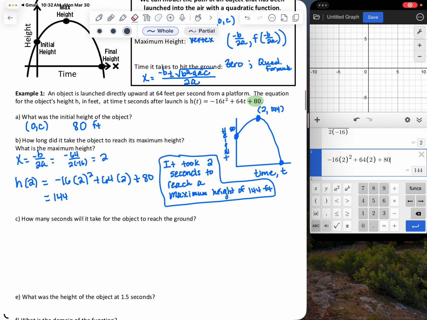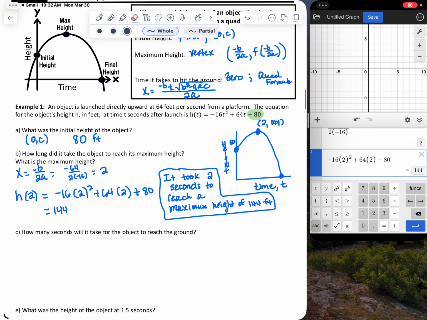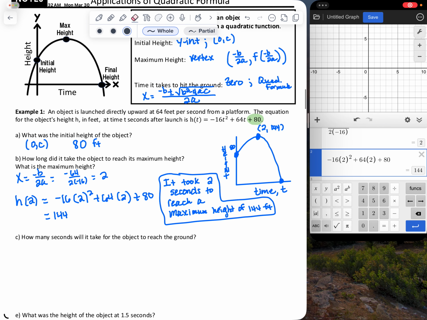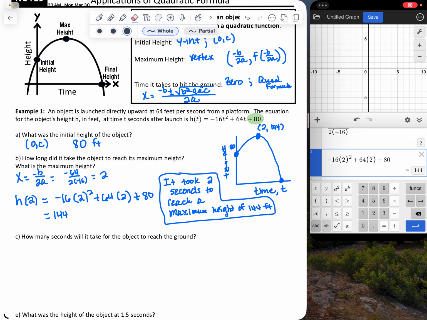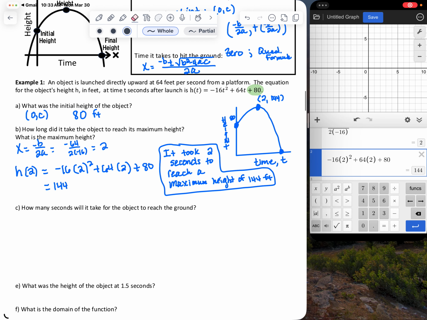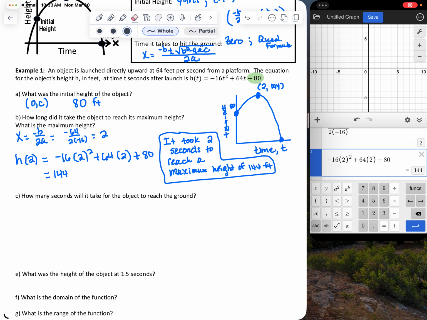All right, problem C. How many seconds will it take to hit the ground? So in our box up here, the time it takes to hit the ground is the zero of the function, and we need to use the quadratic formula. So to use the quadratic formula, we need to identify our a, which is negative 16, our b, which is 64, and our c, which is 80. And then we'll plug all that into the quadratic formula.